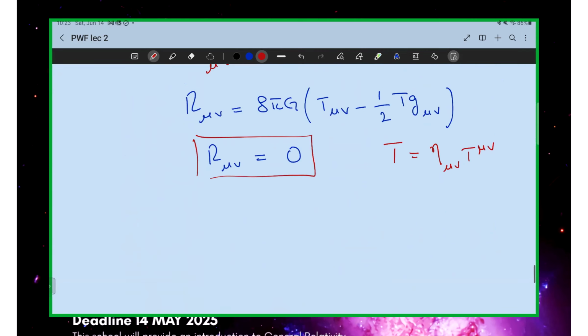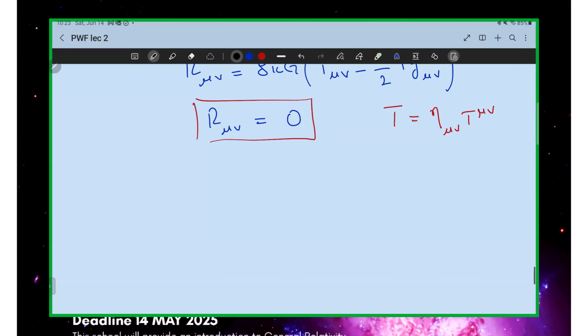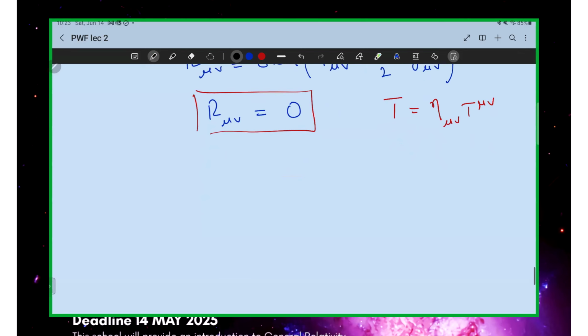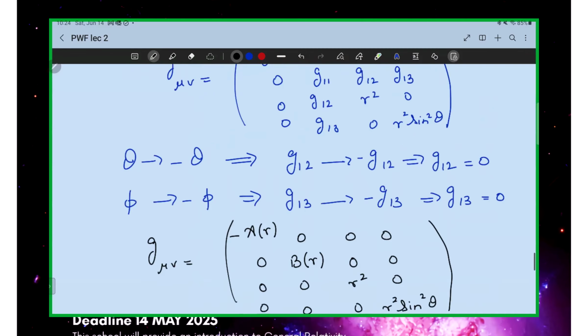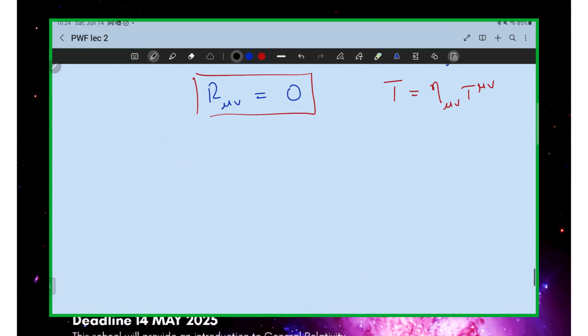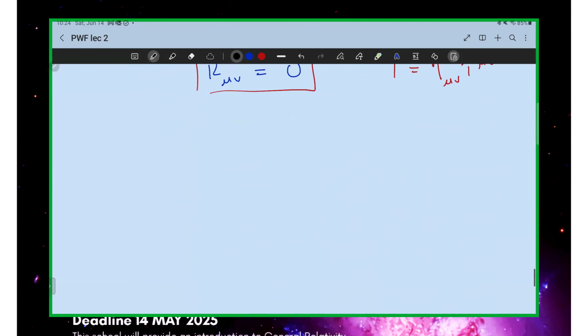Okay. So I'll calculate one of the components for you if I get time. I hope that I will have time for that. But I can tell you the result, and calculating these components is also one of the problems in the problem set. So I will calculate one of the components if I have time. So for the metric tensor that I have shown you here, the components of the Ricci tensor are like this: A prime prime.